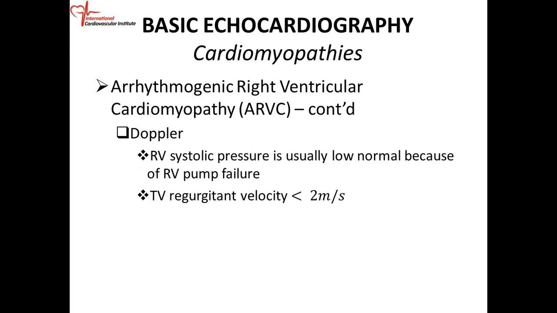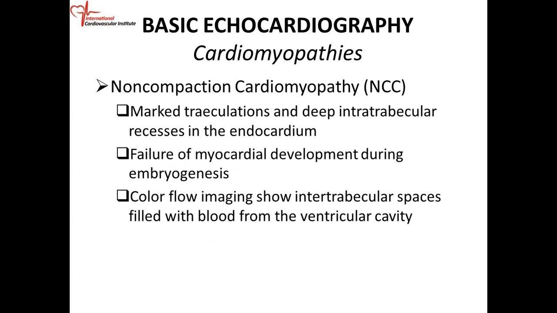Remember, fat cannot contract, so it's not going to be able to generate a significant RV systolic pressure. So you're going to get low normal RV systolic pressure, and that's reflected in your TR velocity. Your TR velocity is usually less than 2 meters per second because the fat cannot contract to generate a significant pressure.